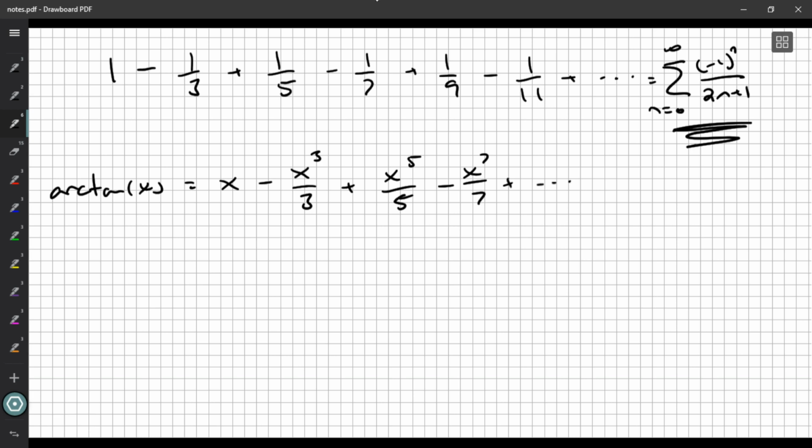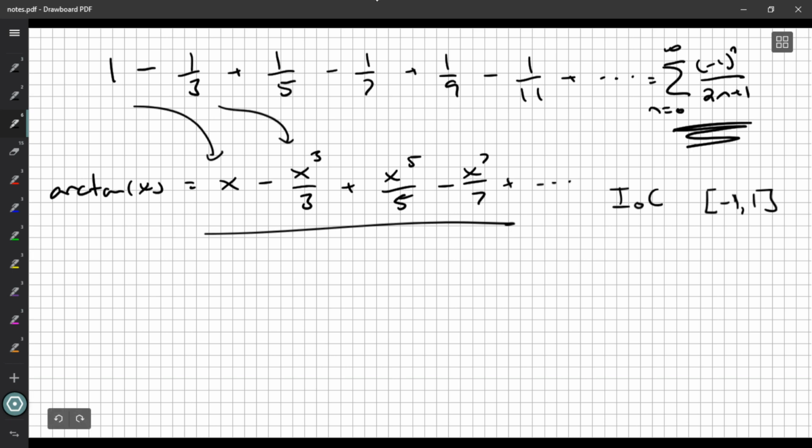Now, arctan, its power series has interval of convergence from -1 to 1. So if I plug in -1/2 or 1/3 into this expression, it will converge. Okay. So, well, how can we match things up? We see the signs are all in order, so that's great.